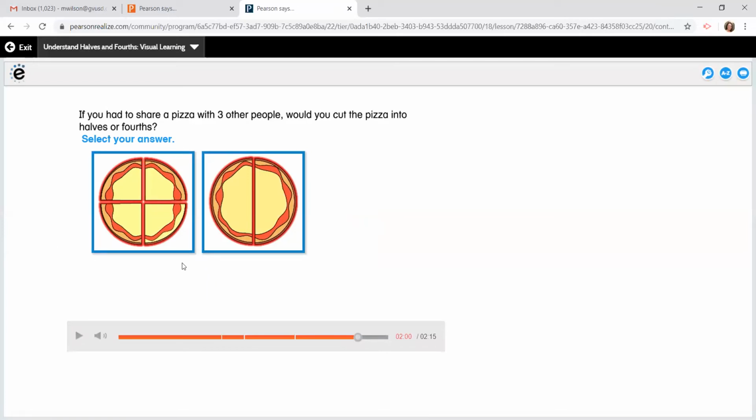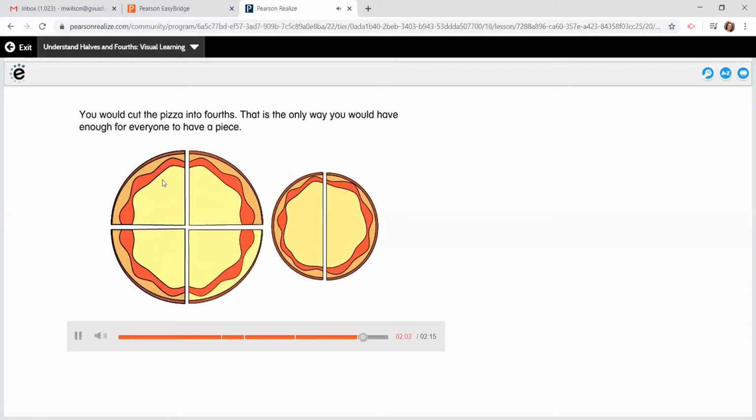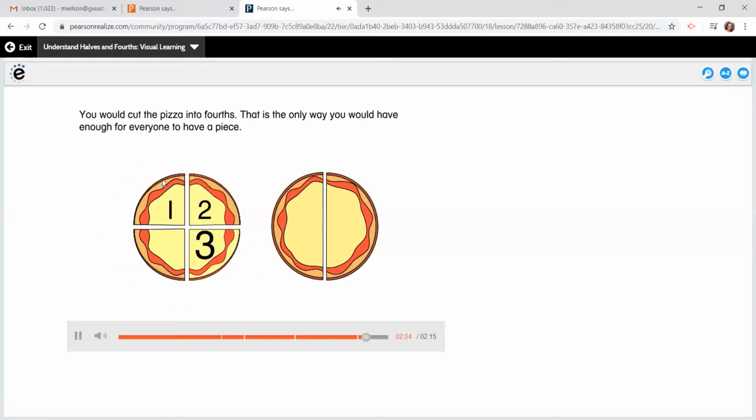Fourths would make sense because it would be you getting a piece and the 1, 2, 3 other people. You would cut the pizza into fourths. That is the only way you would have enough for everyone to have a piece.